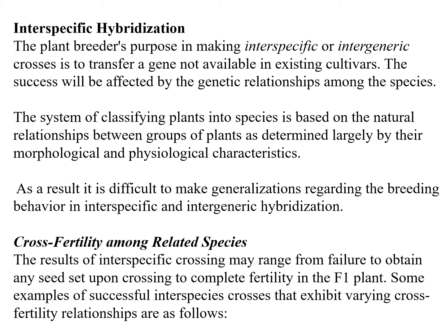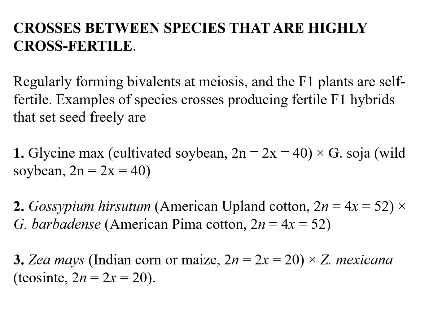And we have many examples of related species that have been used in the past for producing hybrids, or that have good cross fertility among them, which is in the second slide here. For example, Glycine max with Glycine soja, which is a wild soybean, and Glycine max is the cultivated.